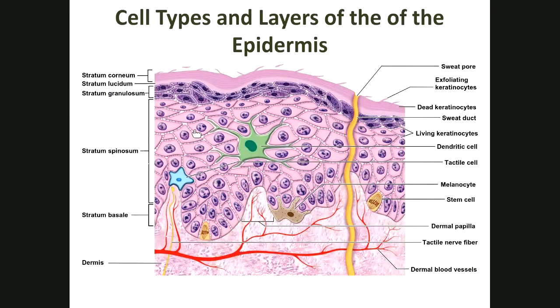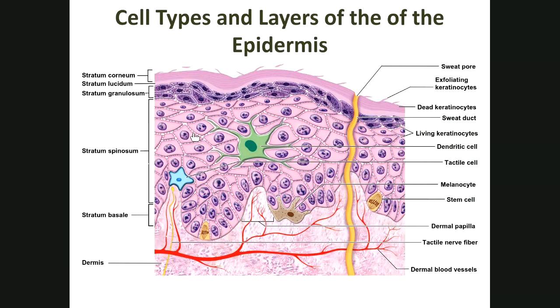Look at here, you see that some small spines attach two adjacent cells together. Actually, these spines are the desmosomes which we have between the cells. And you know that the desmosome is one of the intercellular junctions which we have.